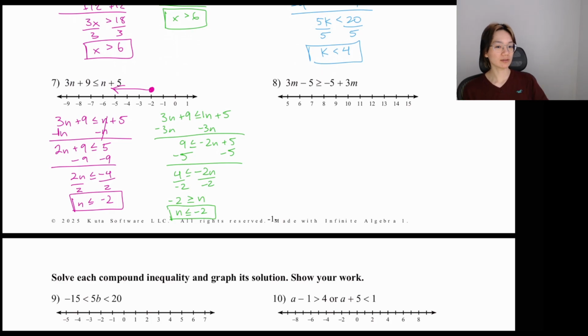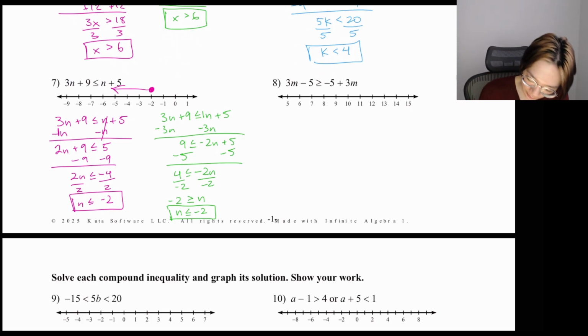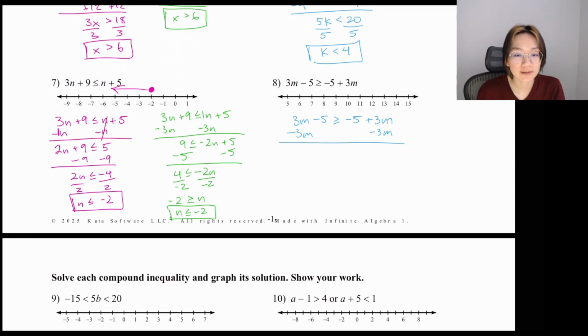You could pick a side, but no matter what side you choose, you might notice that you'll be subtracting 3m no matter what. And anything subtracted by itself is 0. 5 minus 5 is 0. So those just disappear completely. So what's left over?